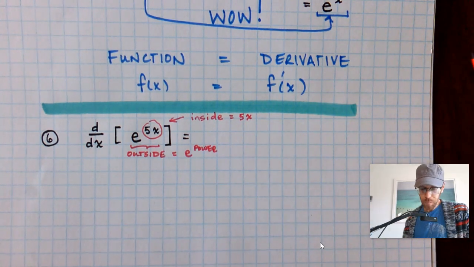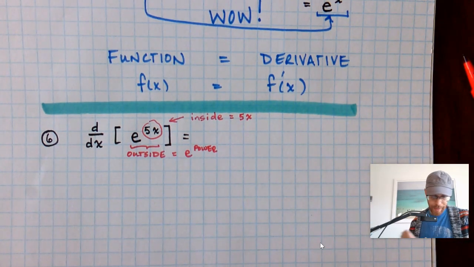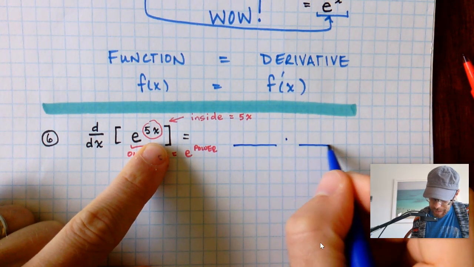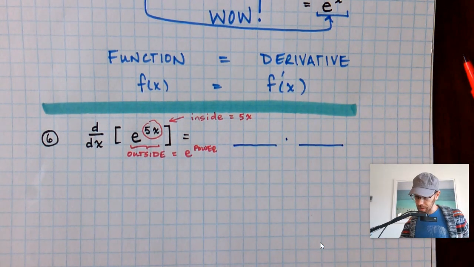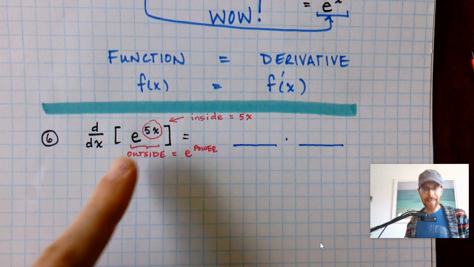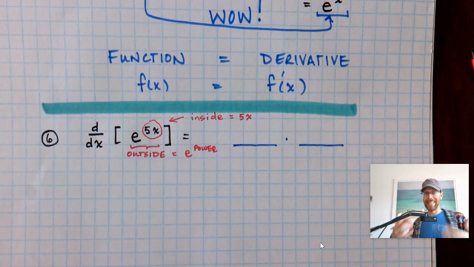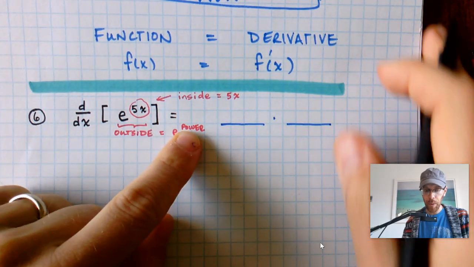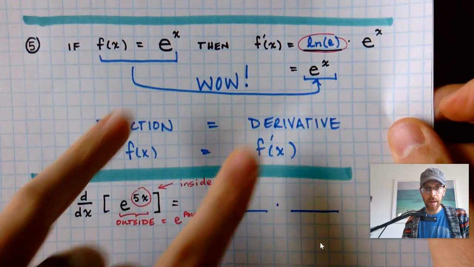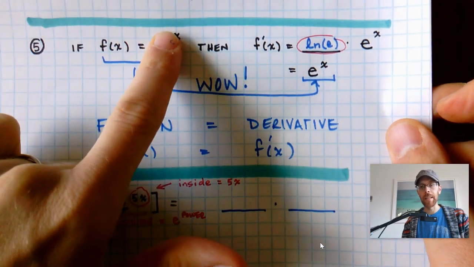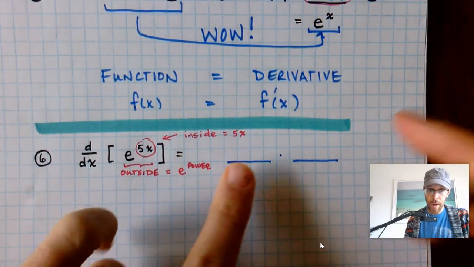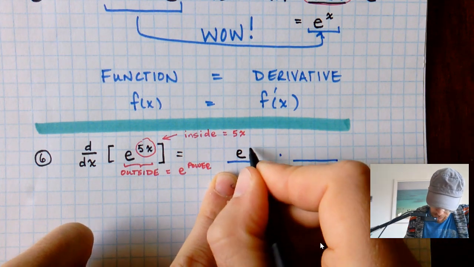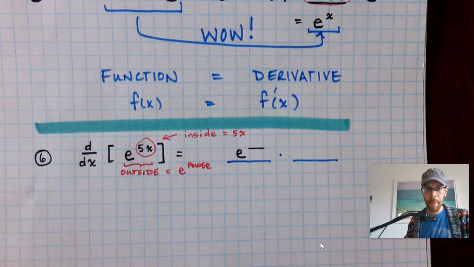Okay? So anyway, we know that when we do chain rule, there will be a couple links in the chain, so something like this. And the reason that e makes this easier is that if our outer function is e to the power, what we just learned up here is that the derivative of e to the power is e to the power. So nothing's going to change here. We're going to say e to the power.